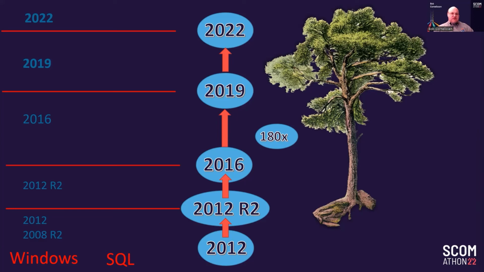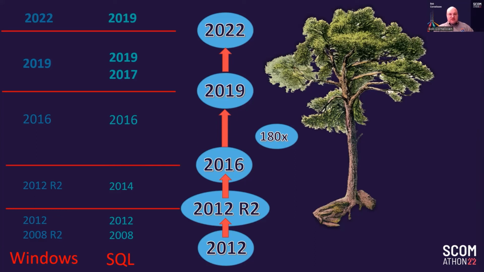Now let's add SQL to the story. Now here are the SQL versions. And again, you see sometimes one or two versions above or below a line. For SCOM 2019, you are looking at SQL 2016 and 2017 and 2019.